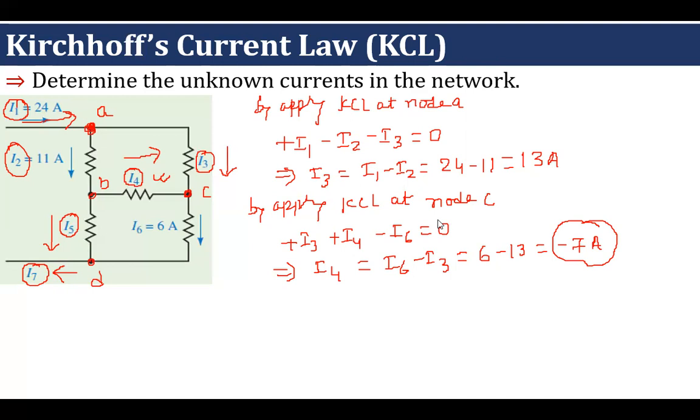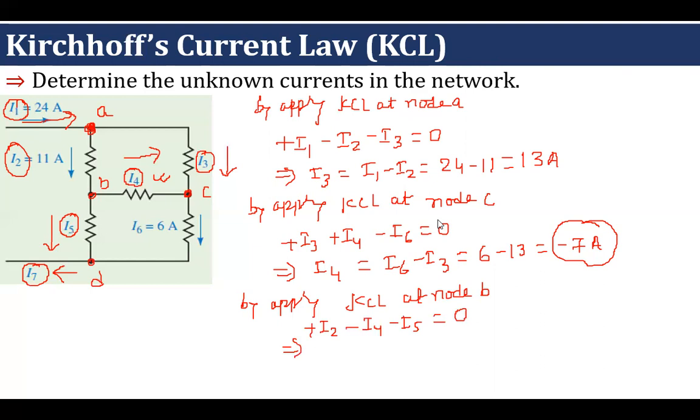Now apply KCL to this node B. So by applying KCL at node B, at node B we have three currents, I2, I5 and I4. This I2 is incoming current, so I will write plus I2, and I4 and I5 are outgoing currents, so both will be with negative sign and all will be equal to 0.